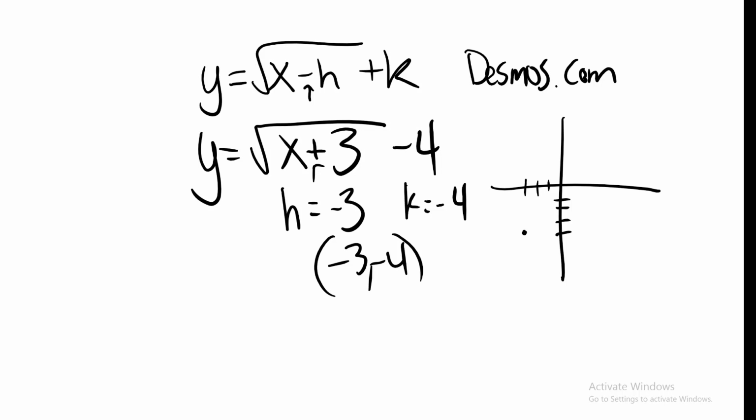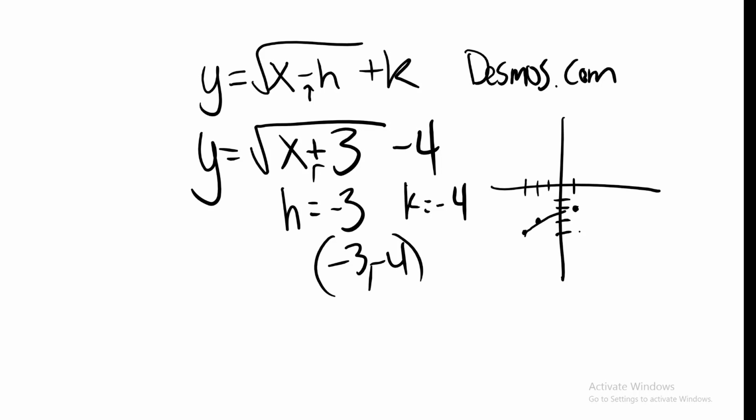Then I'd go over 1, up 1, and then, staying with the square root idea, since the square root of 4 is 2, I'd go over 4, up 2. From my starting position, negative 3, negative 4, I went over 4 from negative 3 to 1, and then up 2.